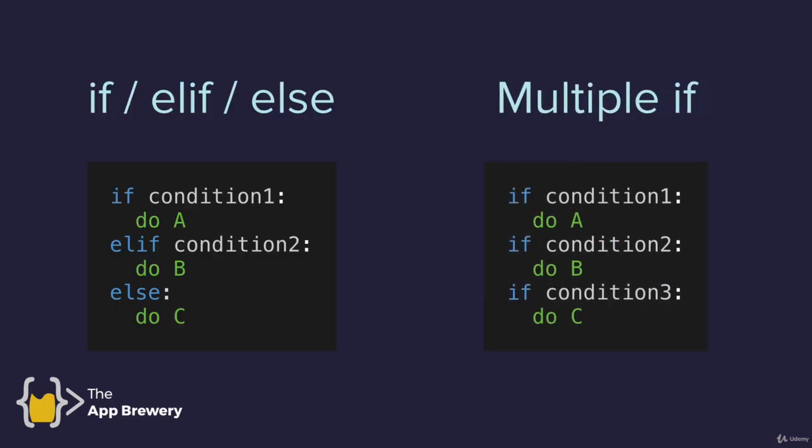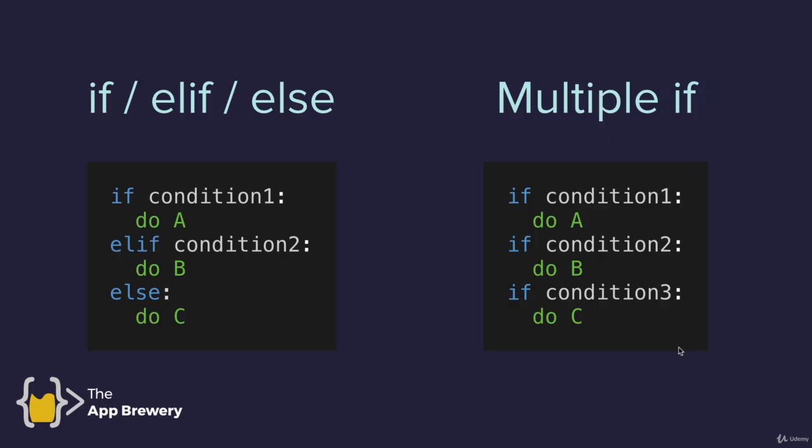To do this, we would write multiple if conditions. If condition 1 is true, then do A, but then the code is going to go to the next case and check if condition 2 is also true, in which case it will do B, and if the final condition is also true, it's going to do C. Whereas on the example on the left, where we're using if, elif, else, only one of these things, A, B, or C, will be carried out.